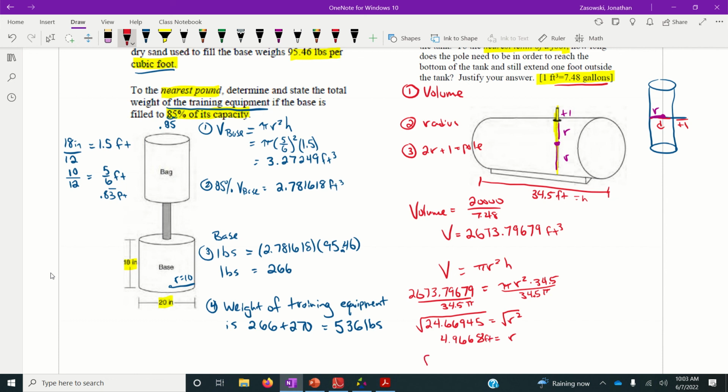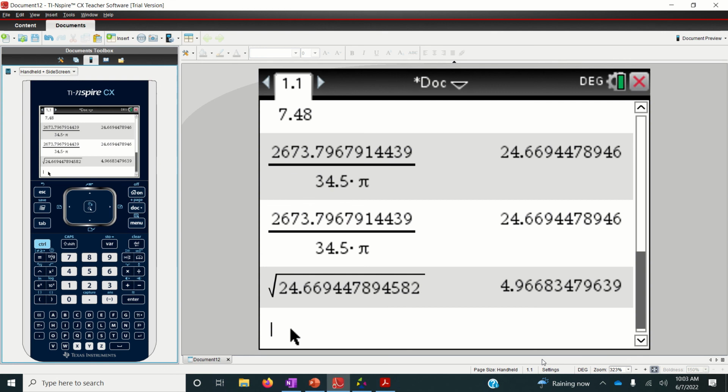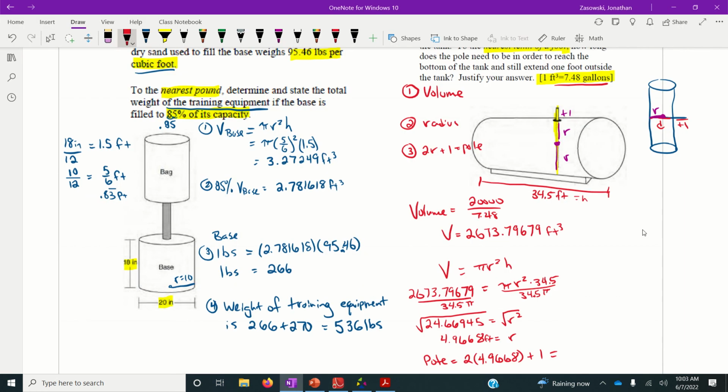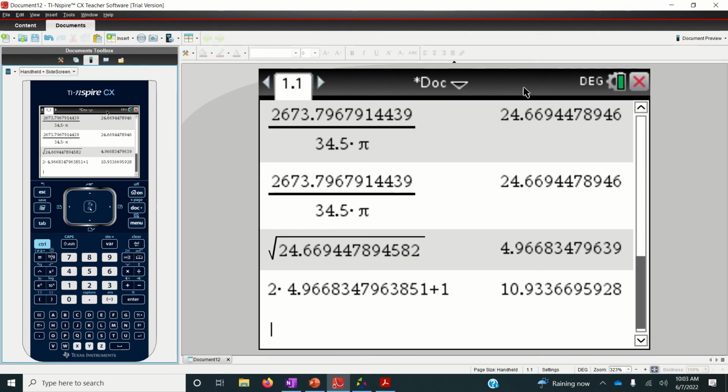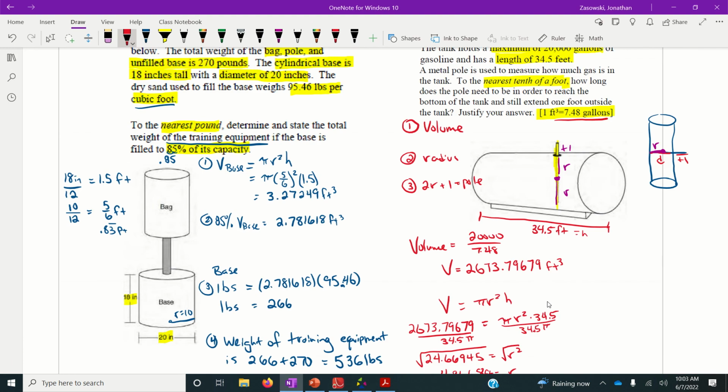So the pole is equal to 2 times that number plus 1. We do 2 times, grab the whole number, add 1, and it says to round to the nearest tenth of a foot. So 10.9, the next number is 3, and it's going to stay a 9.